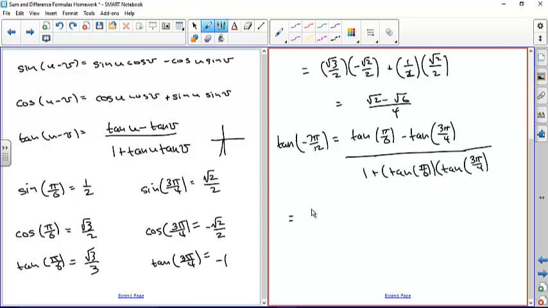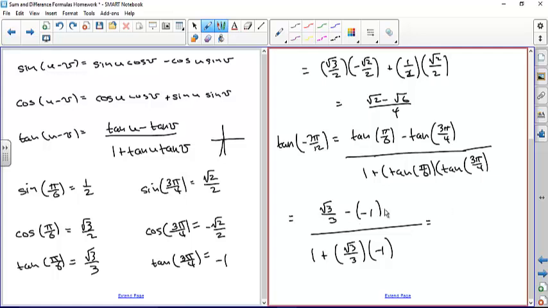So the tangent of pi over 6 is the square root of 3 over 3. Tangent of 3 pi over 4 is negative 1. All divided by 1 plus the tangent of pi over 6, which is square root of 3 over 3 times the tangent of 3 pi over 4, which is negative 1.